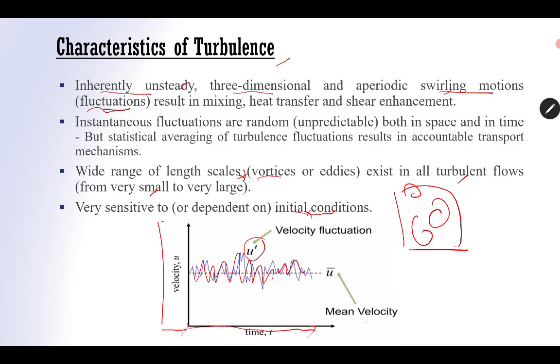So in a simple way, we use the mean velocity, where we just take the mean, or average, of this fluctuation to put in our equation for calculating the turbulence model. We will look at this in the next slide, in the equations of turbulence.